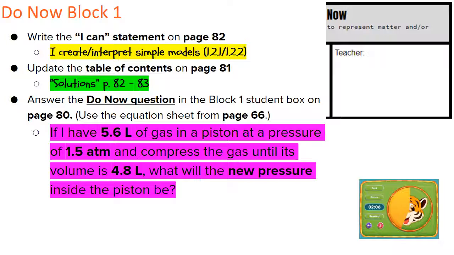Okay, so when I look at this problem, I see that we have two different volume measurements given as well as one pressure measurement, and we're being asked to find another pressure measurement. So the equation that has all of these variables is Boyle's law. So we have P1 V1 equal to P2 V2.